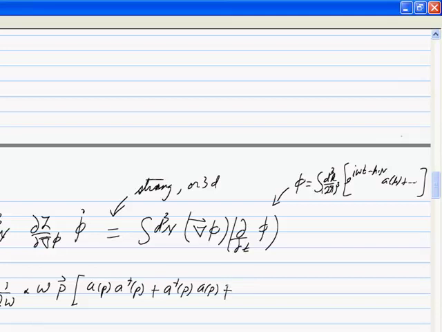That becomes a plus too, actually. Plus e to the 2I omega t, a dagger of p, a dagger of minus p, plus e to the minus 2I omega t, a of p, a of minus p.